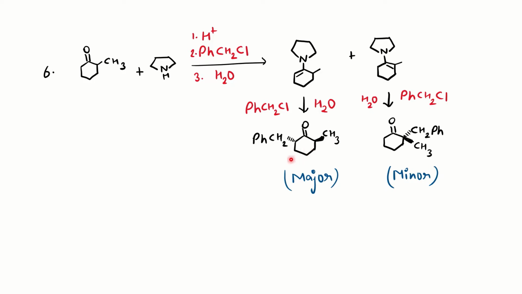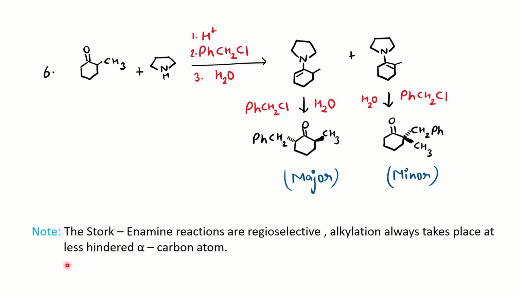If they ask you to draw the product with stereochemistry, then you have to show the stereochemistry, otherwise it is not required. For this kind of problem, just keep in mind that Stork enamine reactions are highly regioselective, and alkylation always takes place at the less hindered alpha carbon atom.